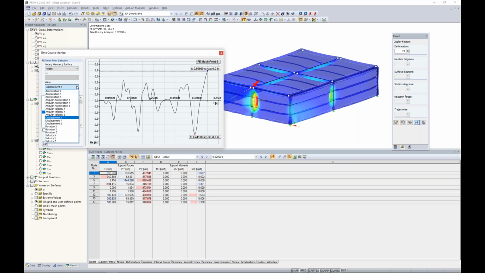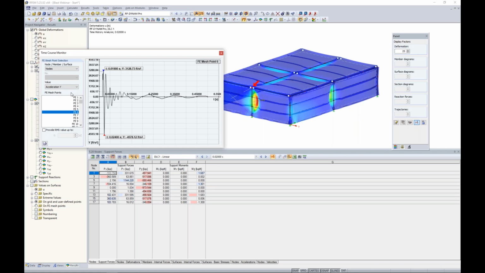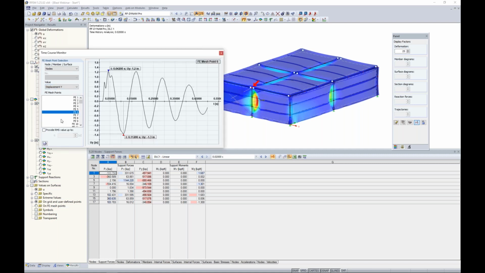Let us take a look at the acceleration in the Y direction. We can see here the acceleration at this particular node over the full duration of the 0.5 seconds for our time history analysis. And if we want, we can turn this to, let's say, displacements in the Y direction. So we're seeing these large displacements and they're slowly dissipating over time.